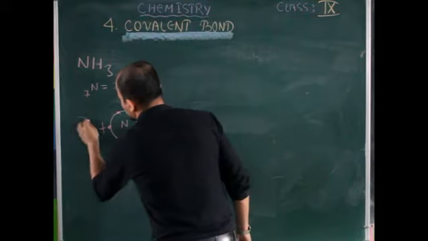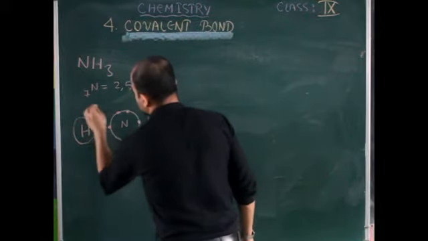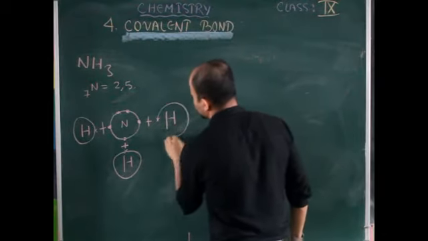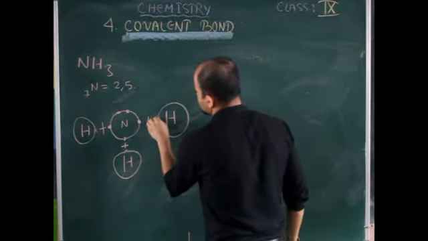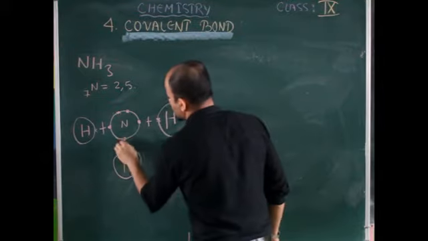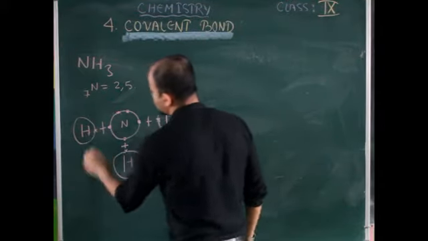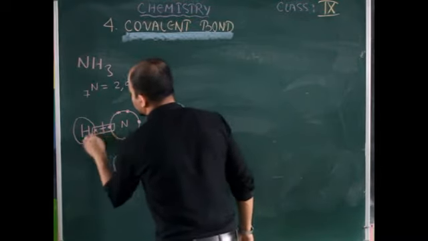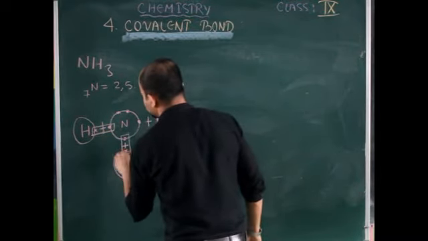Now you can draw with the help of an orbit for hydrogen, and these are the electrons of hydrogens. Again they undergo mutual sharing of electrons.